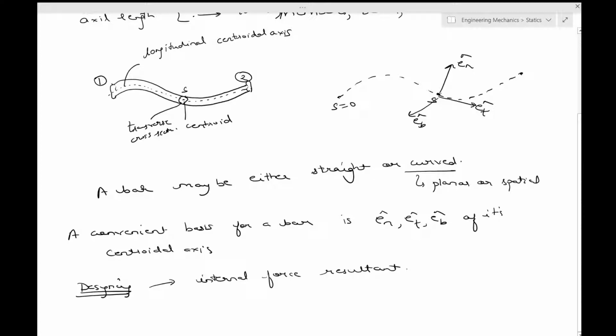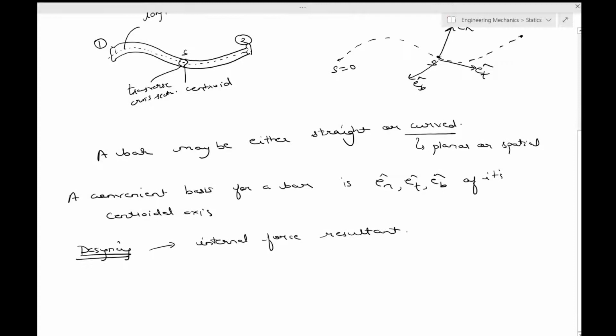And as you know, we find the internal forces by making an artificial or hypothetical cut, and then the other part becomes external, and that's where we use our ideas of mechanics which we have been learning.